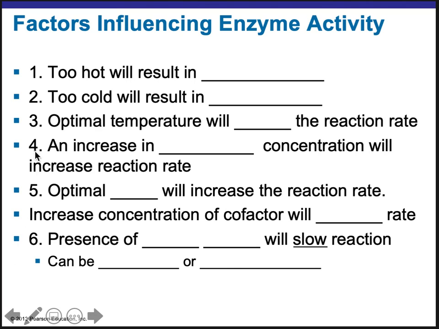Okay? Number 3, optimal temperature will do what to the reaction rate? So the optimal temperature will increase the reaction rate, and it will do this to the maximum. It'll give you the maximum reaction rate of the enzyme. Okay? And that will be different for each enzyme.